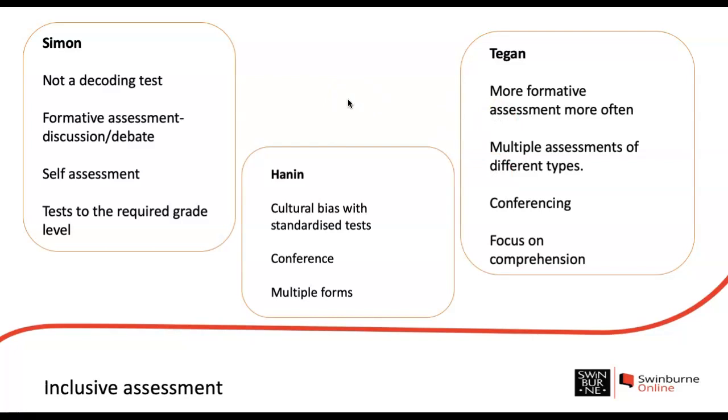So Hanin, we just need to be conscious that if we give her some standardized tests, we're not setting her up for failure. I'm not even sure if they use it anymore, but there was a test called Torch, and it was a closed test. It had a story and then some missing words that you had to fill in.